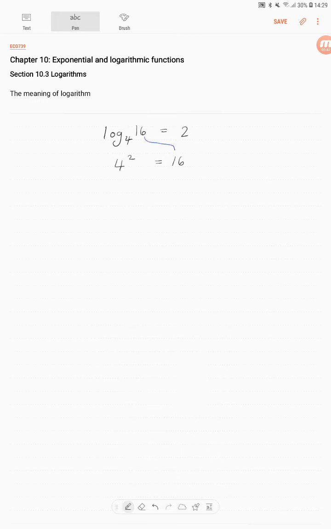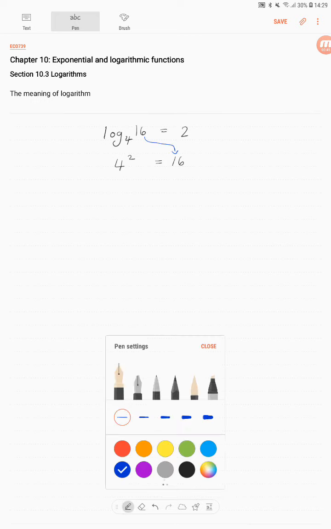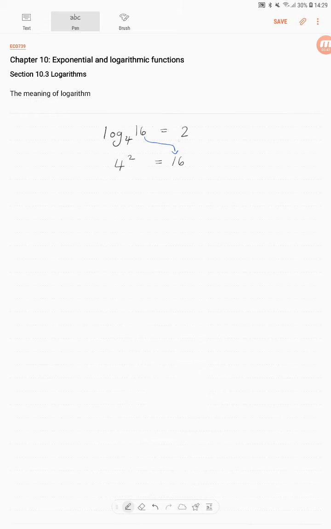So we have 16, we have 2, and we have a 4. So our log base is the same as our exponential base. The answer of our log is our exponent, and the log value is equal to the answer of the exponent.